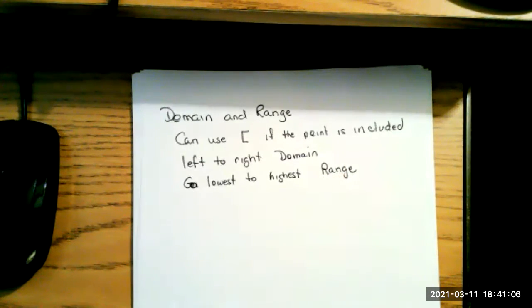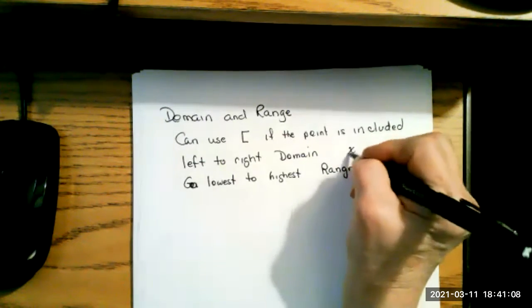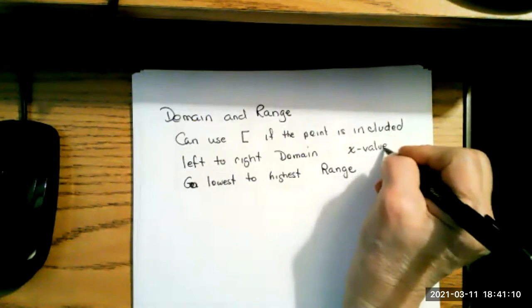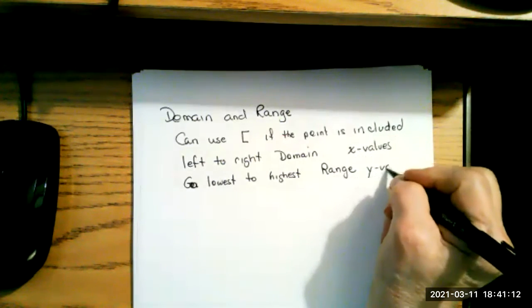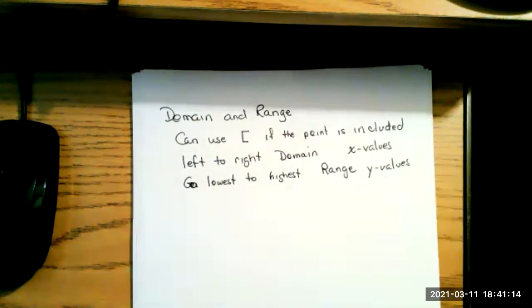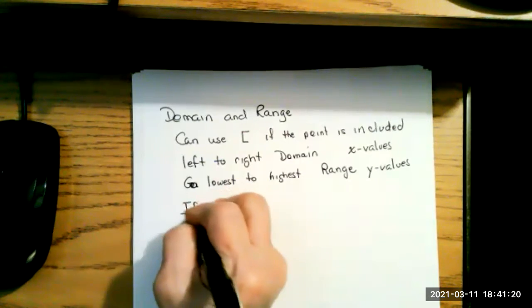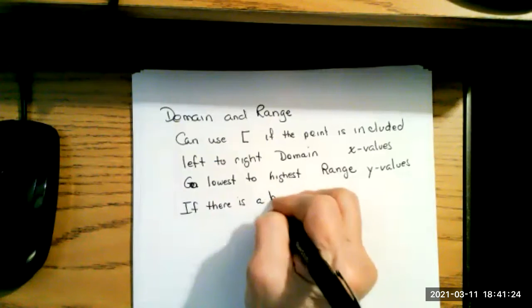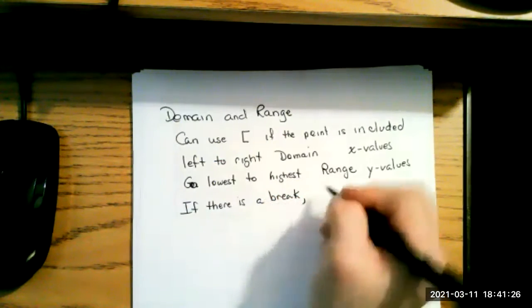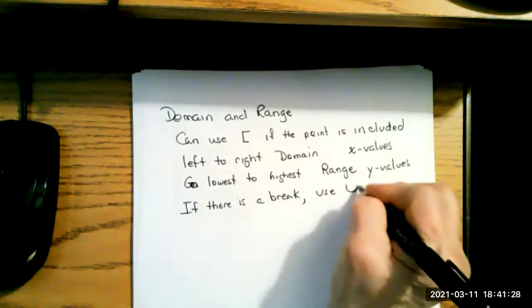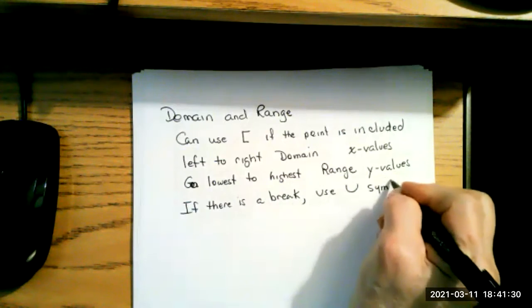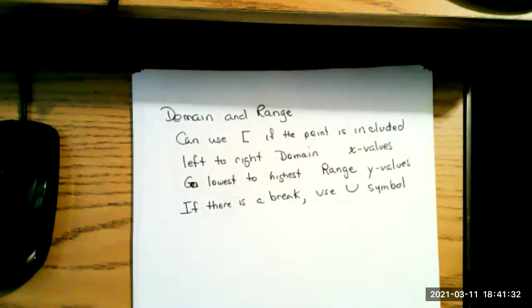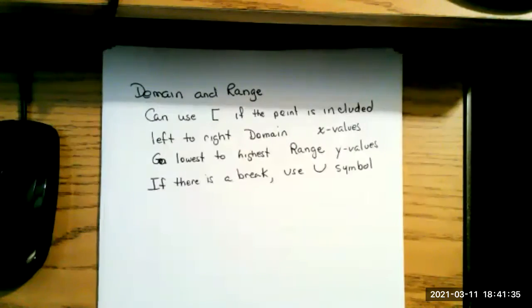Range is the y values. The x values are the domain. The y values are the range. We did that before, so I hope you remember. Now remember, there may be breaks. So if you have a break, in this one, they are using a union symbol to connect them instead of a comma.